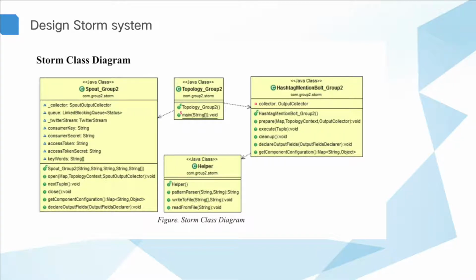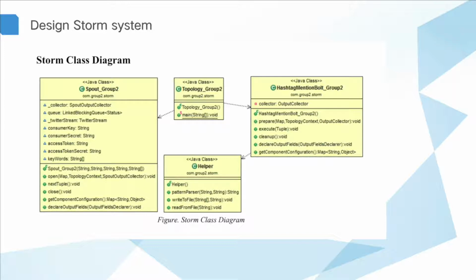In the bolt class, as mentioned, we decided to use 2 bolts. The first one is the pre-processing bolt in order to pre-process some useful dataset information, and another is the output bolt class. The output bolt class will collect the tuples from the previous bolts and map the tuples from the previous bolts into key value pairs.